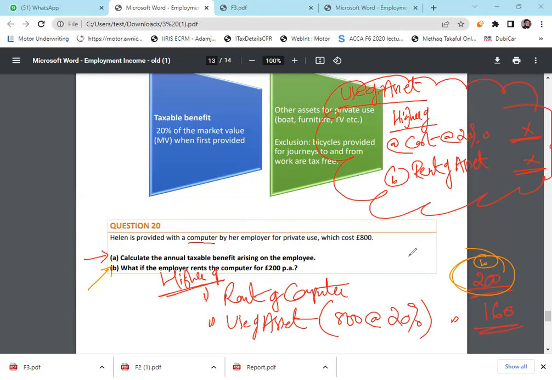Whichever is higher will be the benefit.